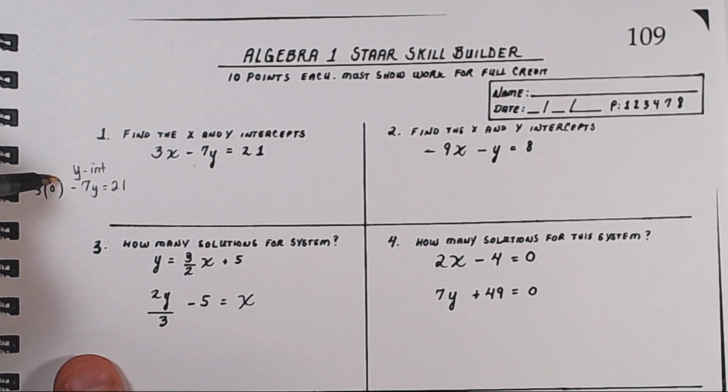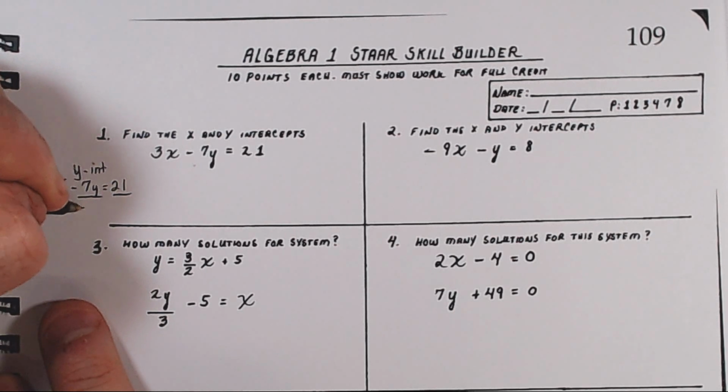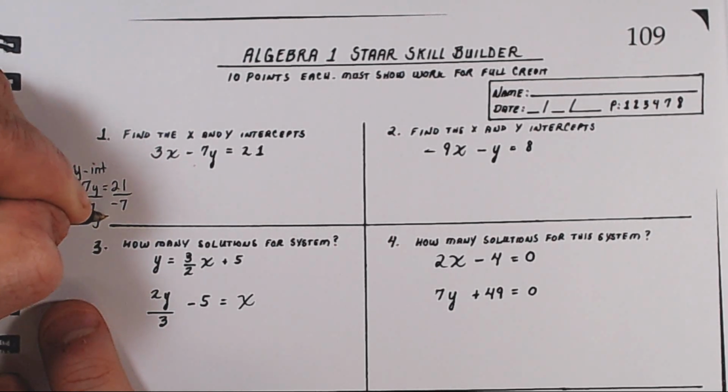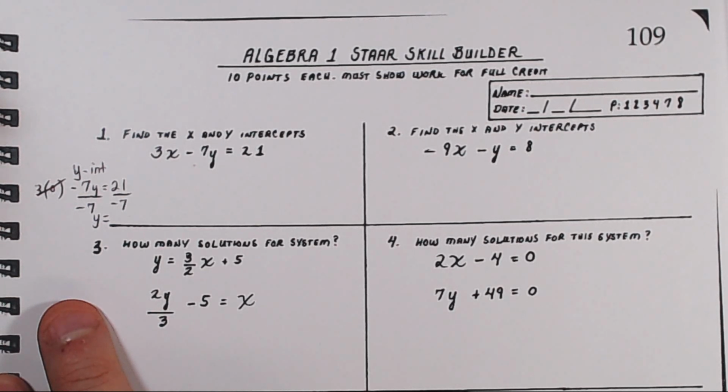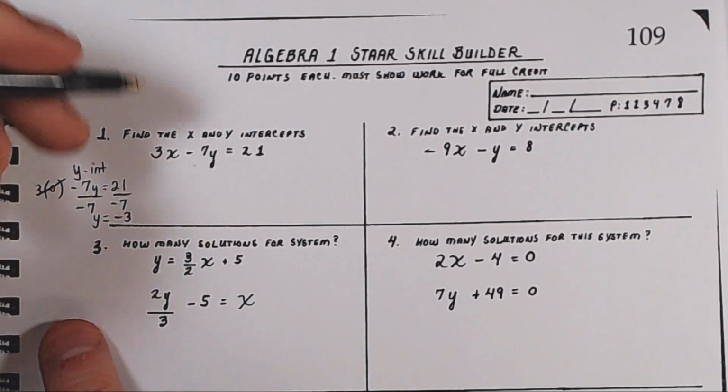Now this goes away, and we're solving for y. So I divide both sides by negative 7. And what do I get? y equals 21 divided by negative 7, negative 3. Okay, so that's the y-intercept.